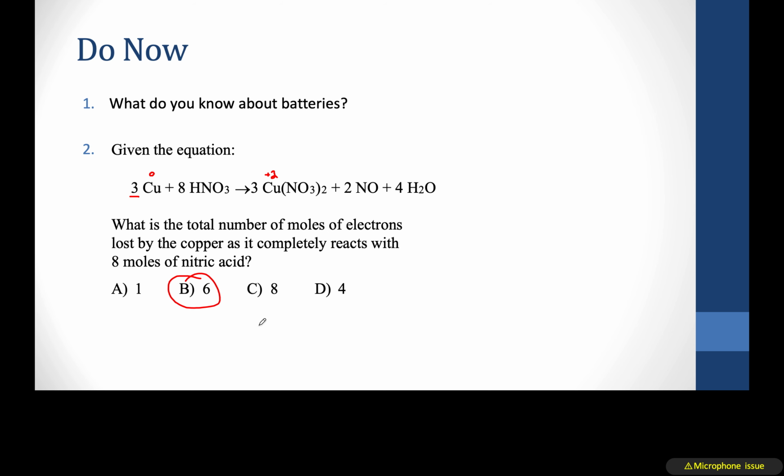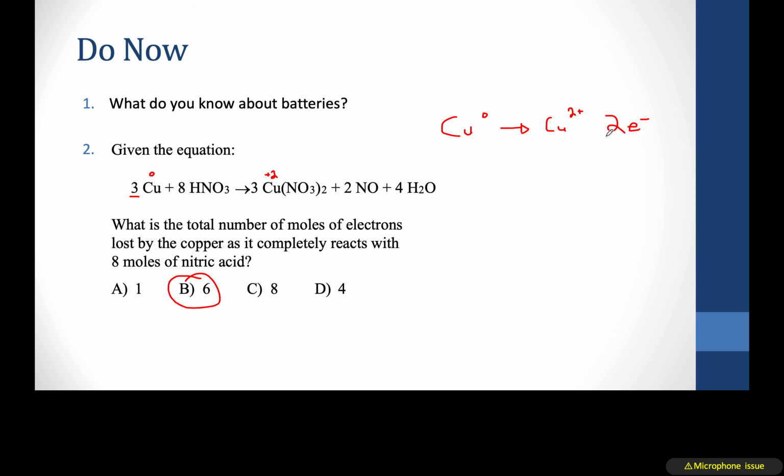Really, the first thing you've got to do is come up with how many moles of electrons are lost by 1 mole of copper. And we can write that equation. Copper with a 0 charge goes to Cu with a 2+ charge, which means it lost 2 electrons.